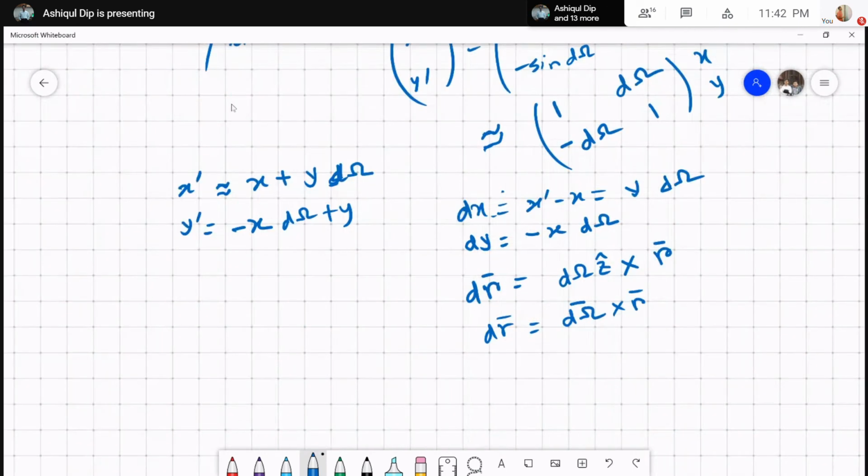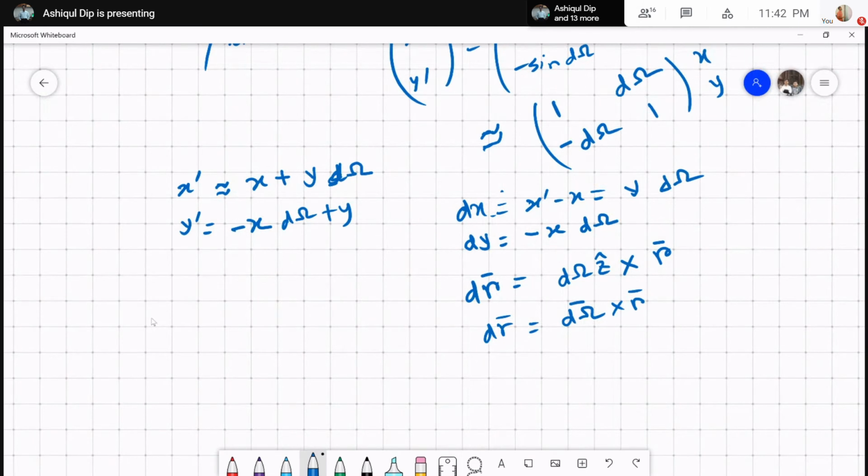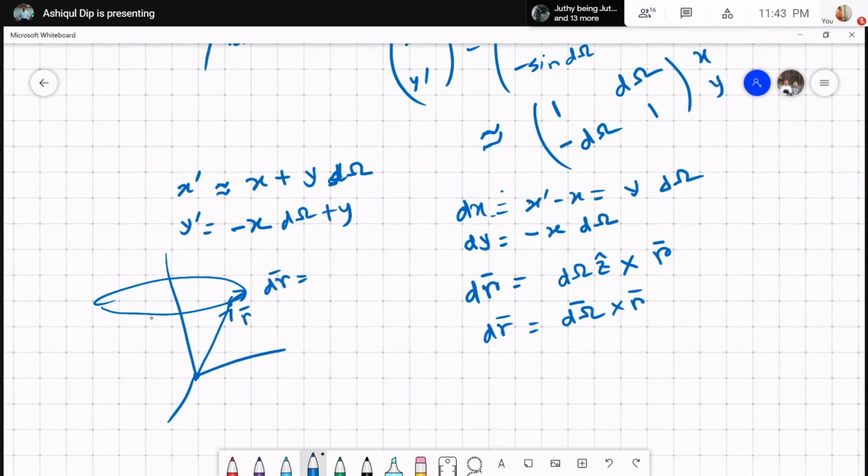You can convince yourself by drawing diagrams like this. If you have a particle moving on a circle, and your coordinate system's origin is at the center, this is your omega cross r type thing. So dr equals the infinitesimal change in angle cross r. We can convince ourselves really easily.